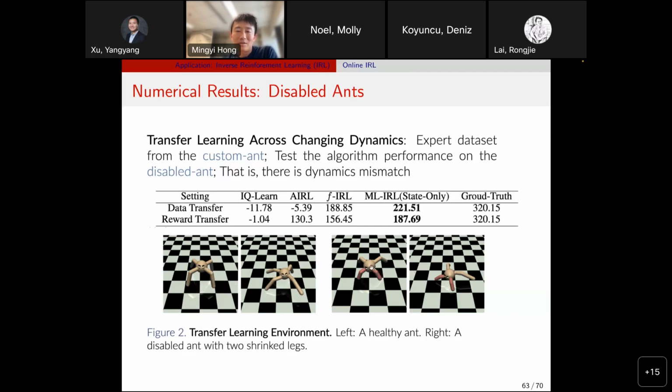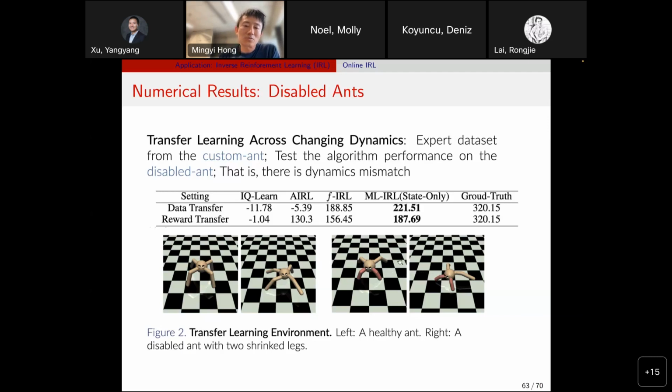But as long as the reward is still accurately learned, I still know the preference, like where do I want to go at a given place, which place, ideally what kind of gait I want to take, or things like this.